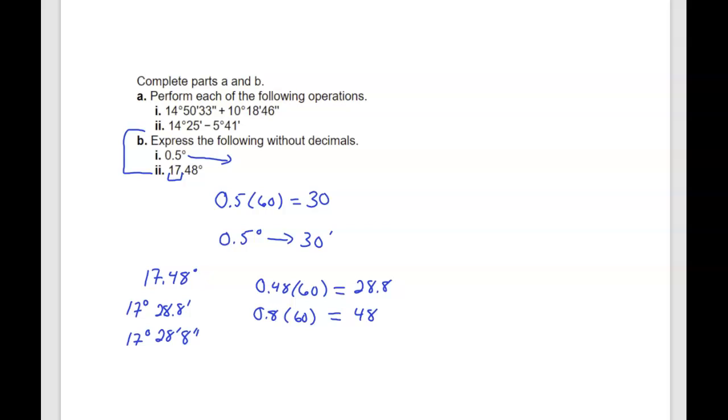And so whenever you are looking at this, you're always going to multiply the decimal portion by the 60 and keep doing that for the minutes and then the seconds. Okay?